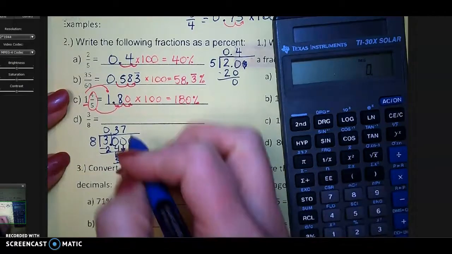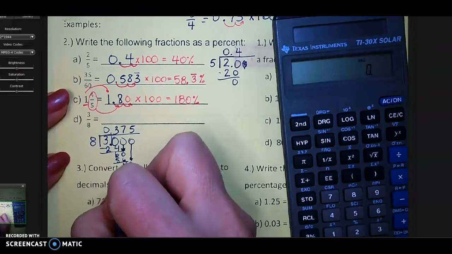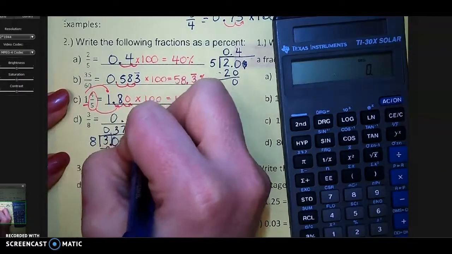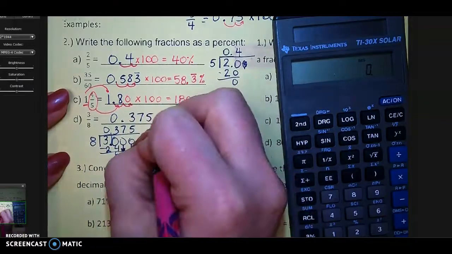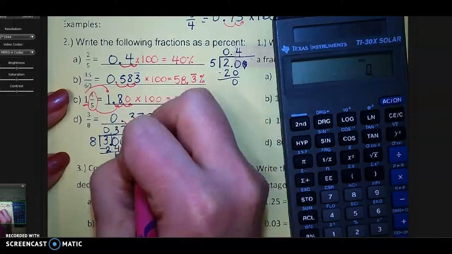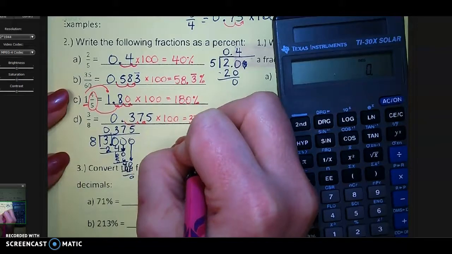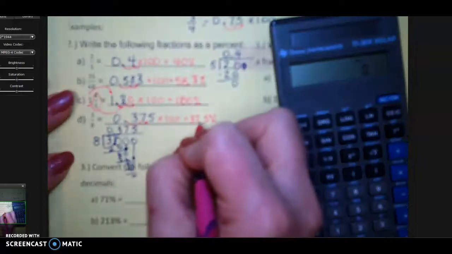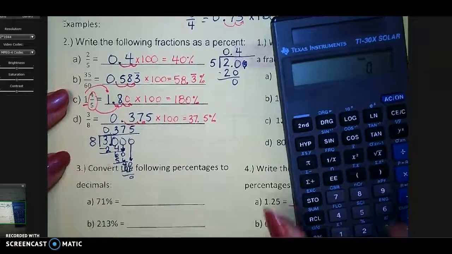Just so you remember how to do this. And that's 40. And now I have 0.375, which when I multiply by 100 gives me 37.5%. And you'll hear the half percents a lot when we're talking about taxes.